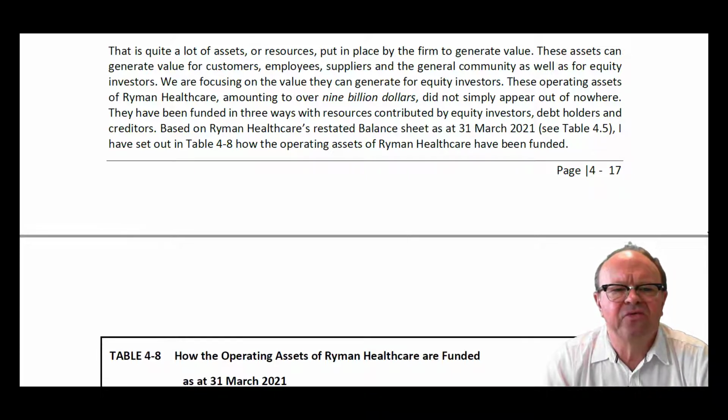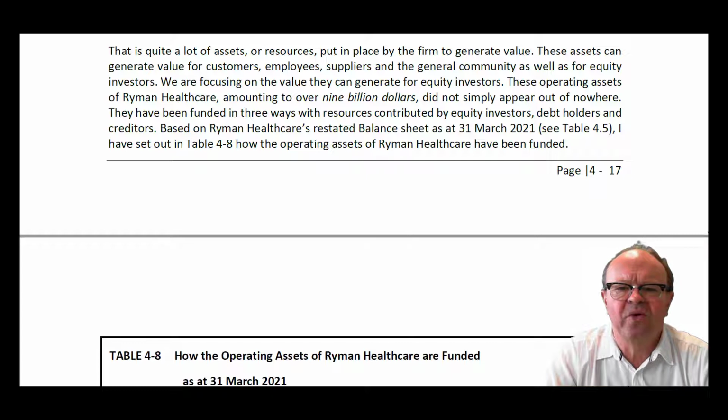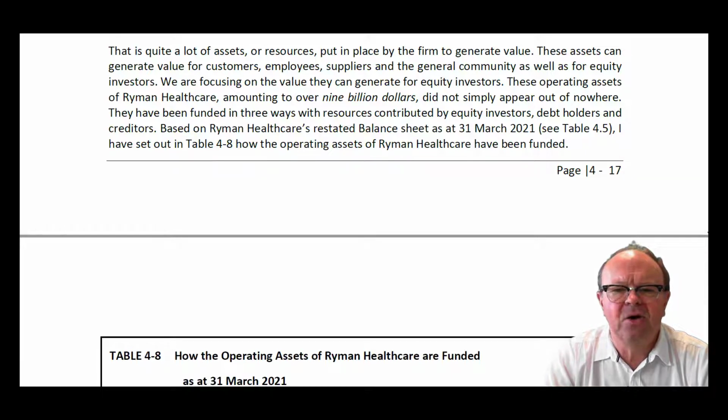These operating assets of Ryman Healthcare, amounting to over $9 billion, did not simply appear out of nowhere. They have been funded in three ways, with resources contributed by equity investors, debt holders and creditors.